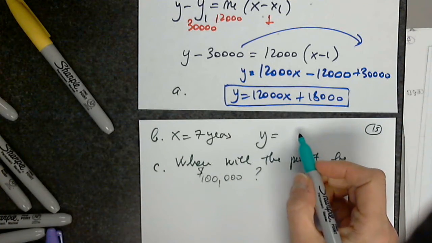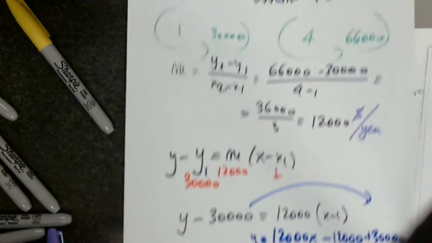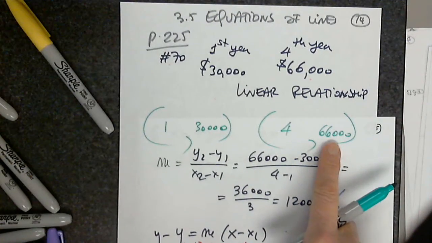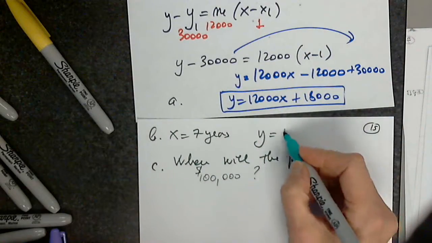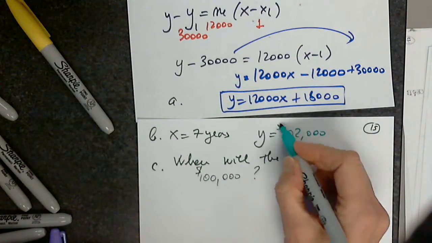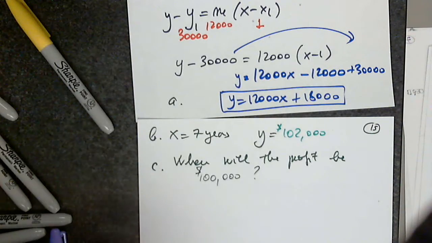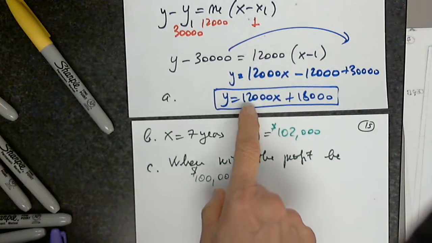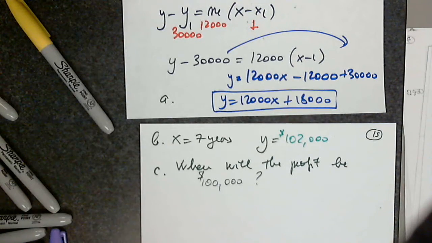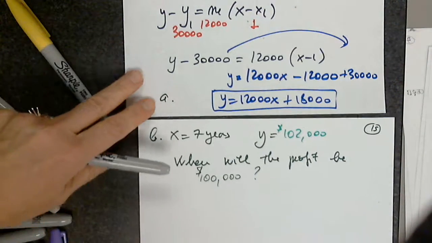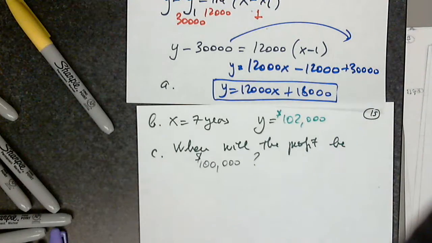It cannot be 66,000 because for 4 it was 66,000. I got 102,000. Okay. I did not calculate. Is 102,000 correct? 7 times 12,000 plus 18,000. Is that correct? Okay. So I want now to determine when will the profit be 100,000.